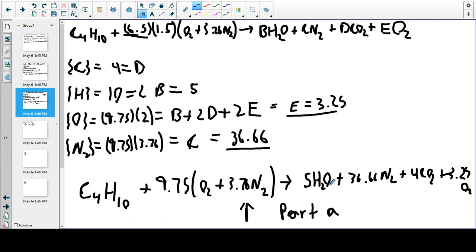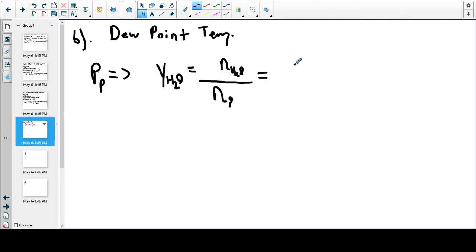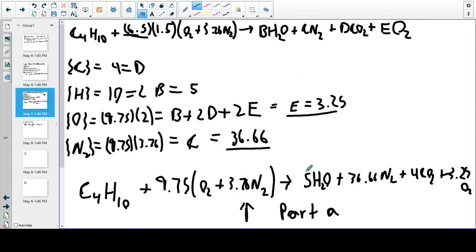which means we need to put 5 moles of H2O over here. And now the other ones together, I'm just going to calculate it, because I think that's pretty trivial.